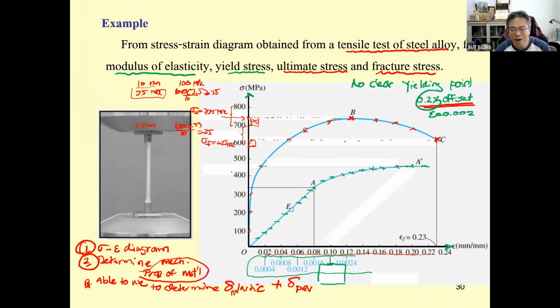If this one is 0.002, you mark it over here, and then you draw the line that's parallel to the linear portion of this, and you hit the point at the curve. Then you project the horizontal line perpendicular to this one, and you get this point. This is going to be sigma sub y.